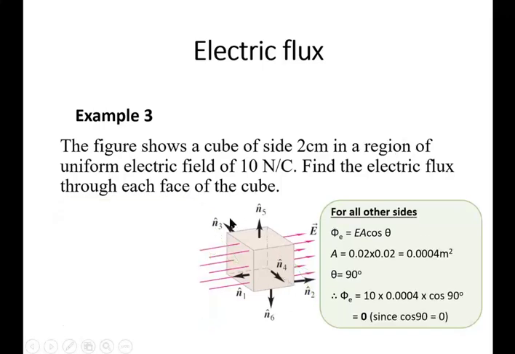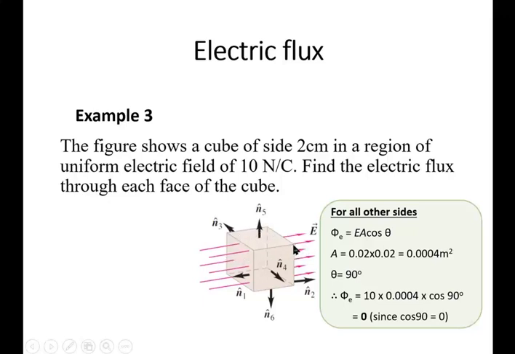The flux for all the other 4 surfaces is the same. Why? Because the other four surfaces are all parallel to the electric field. In other words, the unit vectors of their surfaces are at 90 degrees to the electric field. You can see that this one is 90 degrees to the electric field.